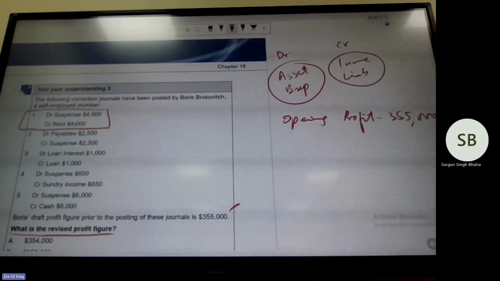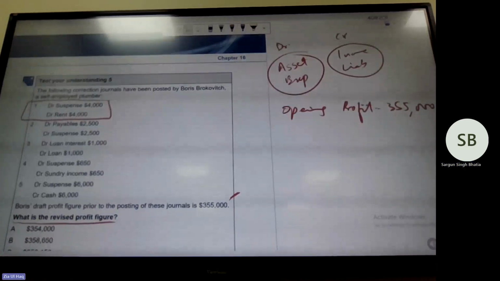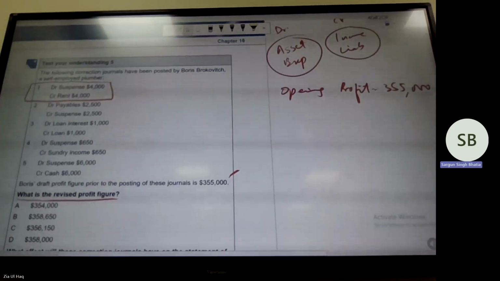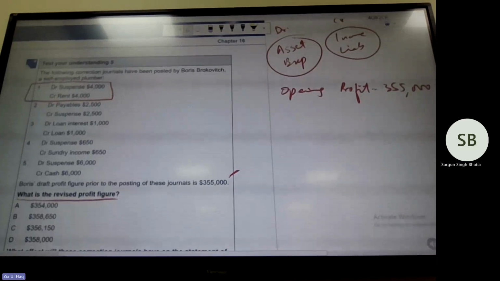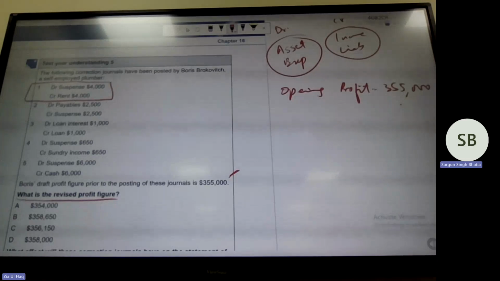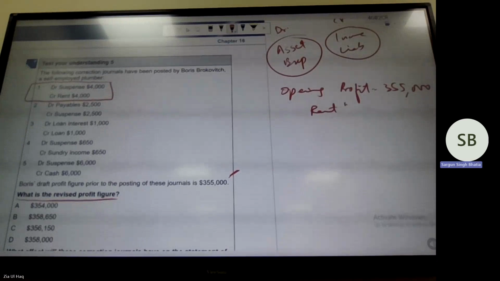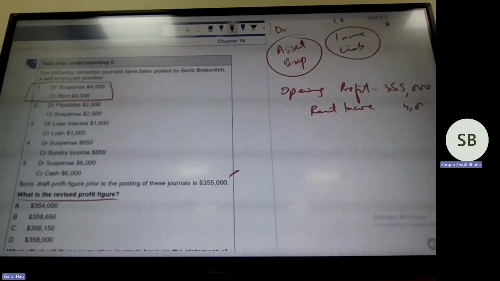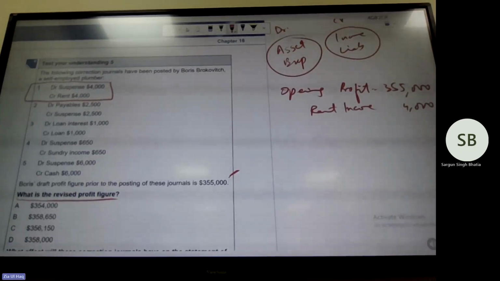If this rent is on the credit side, is it income or expense? It will be income, because it's showing a credit balance. So do we need to add or subtract income? We will add income. Add rent income, $4,000.